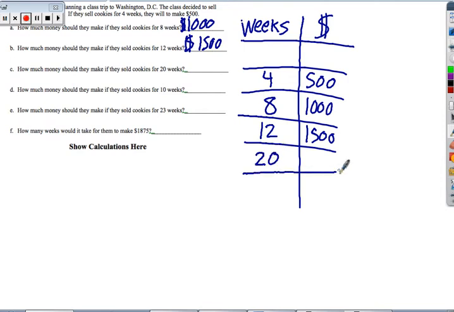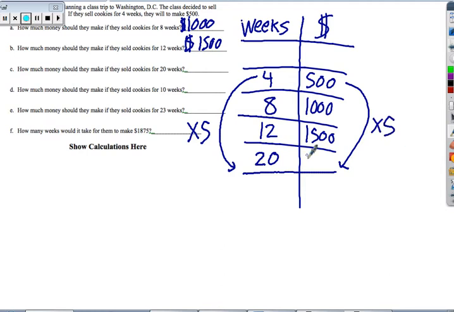For 20, now, there's a couple different ways we could do this. I think what I would do right now is I'd probably go back up to 4, and I know that 20 is 5 times as many weeks as 4. So if I multiply 4 weeks by 5, it's going to get me 20 weeks. If I'm working 5 times as many weeks, I'm making 5 times as much money, right?